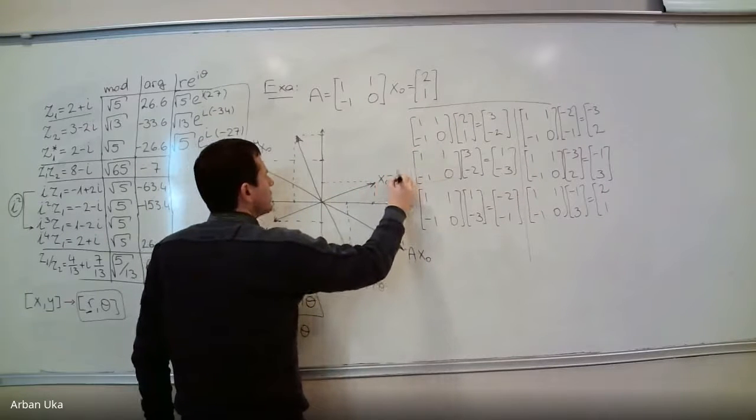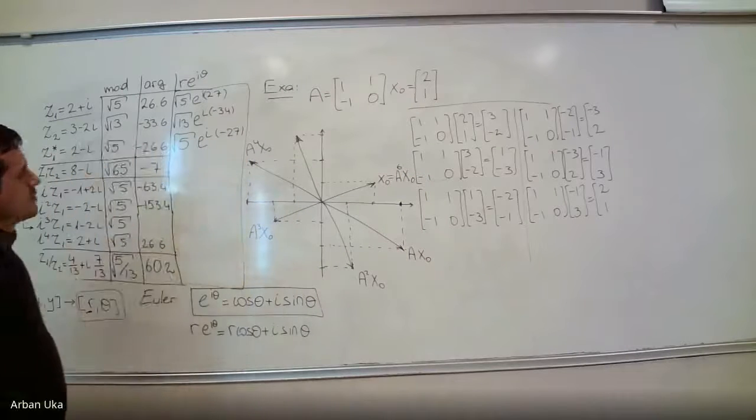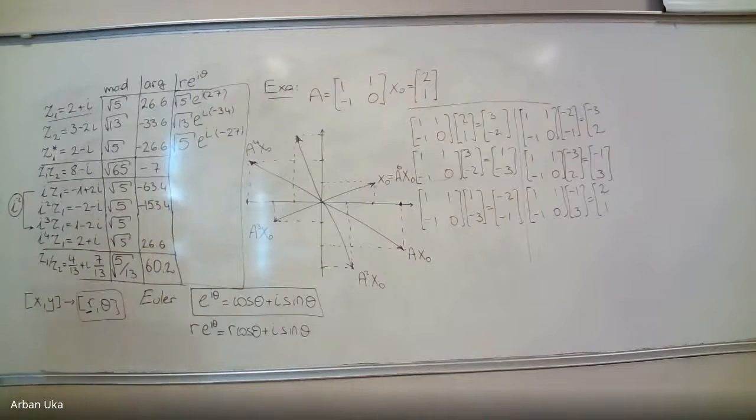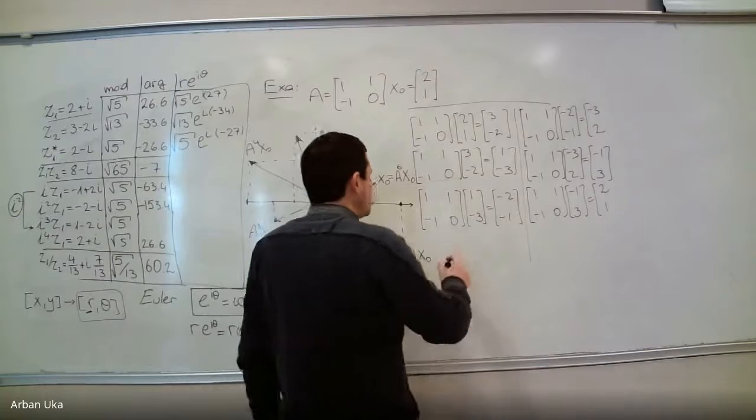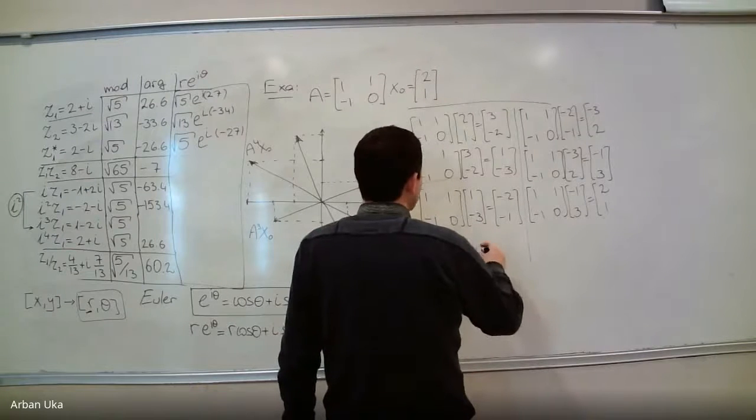So this is also equal to A to the power 6 times x0. Looking at this example, can you find what is A to the power 29 times x0?